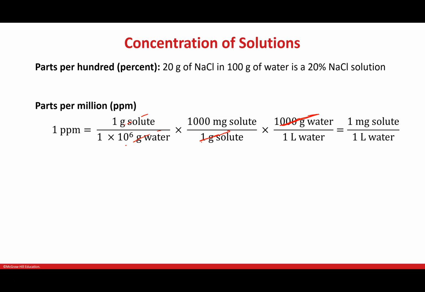You have it in the numerator and the denominator, so those numbers cancel too. So 1 part per million, the concentration, is the same thing as 1 milligram per liter. Which can be helpful because sometimes you'll hear people say, well, that was so many milligrams per liter. That's the same thing as parts per million. So tuck that one away.